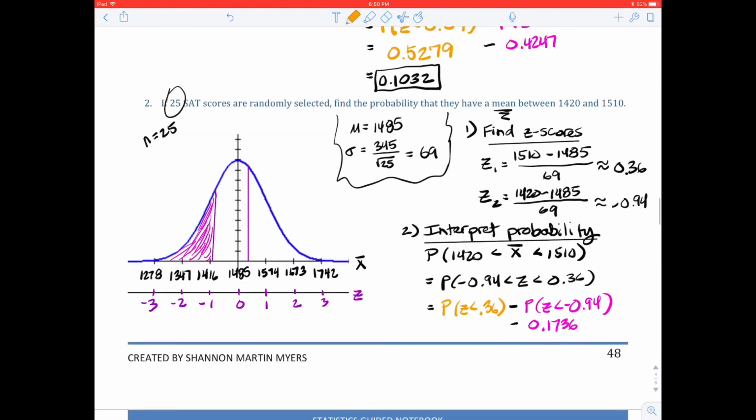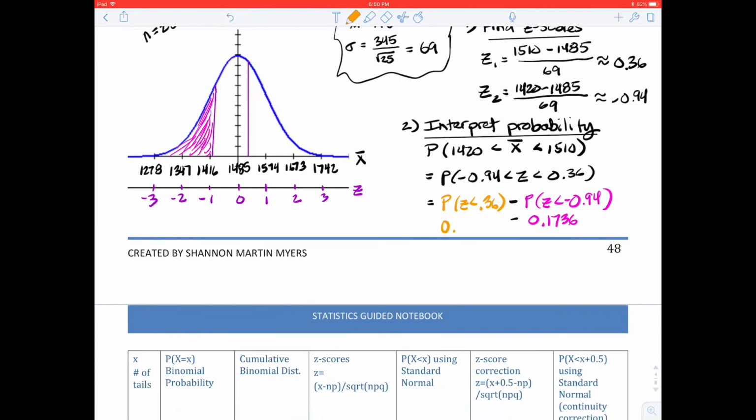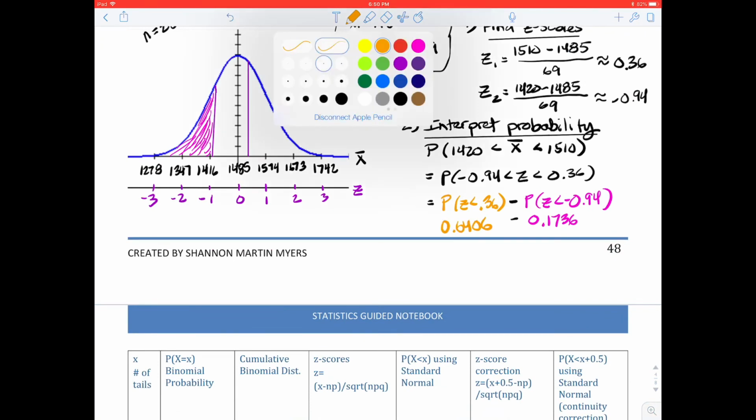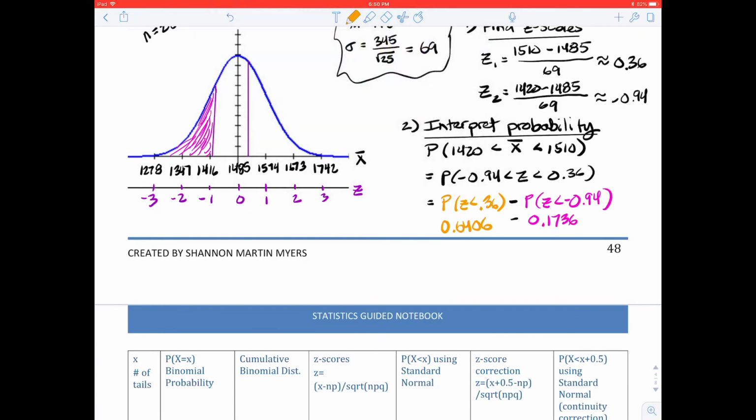So 0.6406. And so that's the whole thing. So if I kind of just slightly go over it here, that's that whole thing, the whole region to the left of that top boundary line.